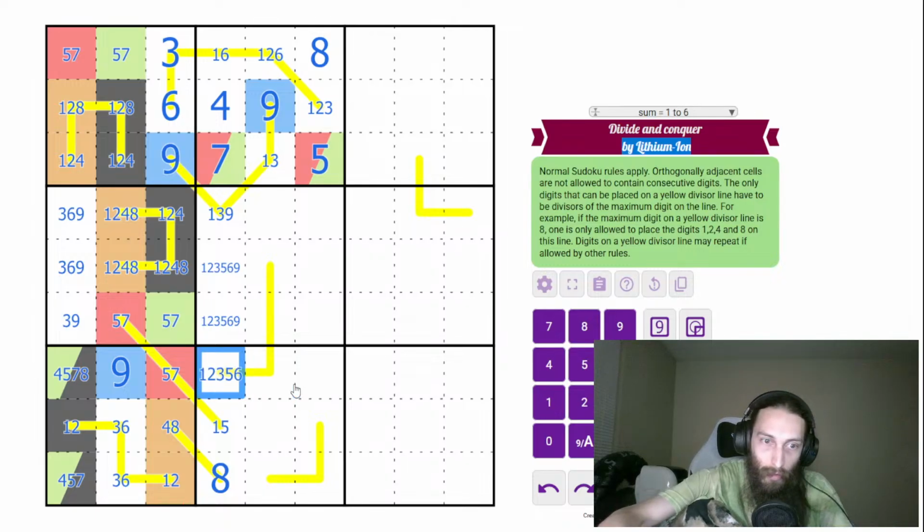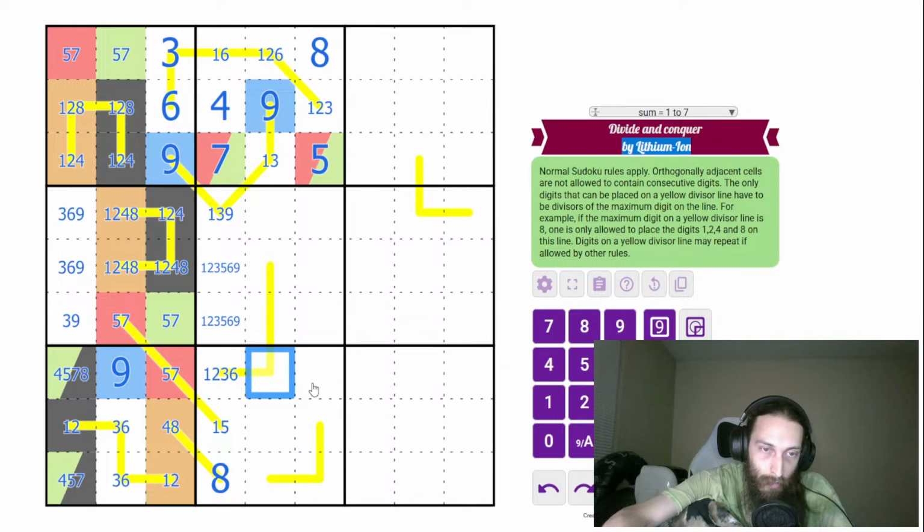This one isn't a 9. I can't place a 5 on it. This is 5 or 7, so this can't be a 6.